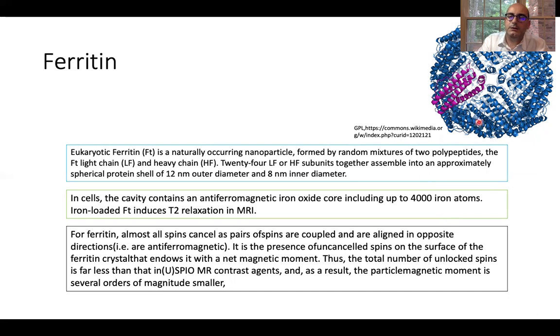They create this protein structure that can store 4,000 iron atoms per complex. Obviously, this will lead to a reduction in the MR signal intensity, or a shortening of the T2, a reduction in the T2 relaxation time.